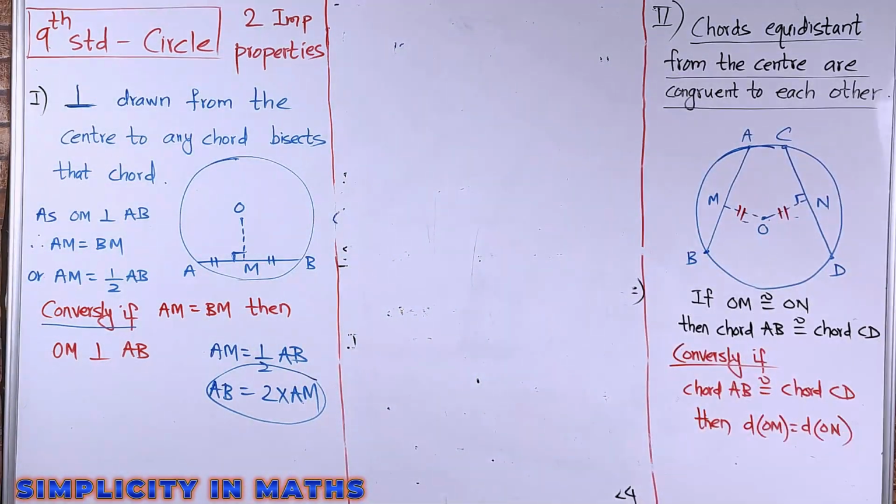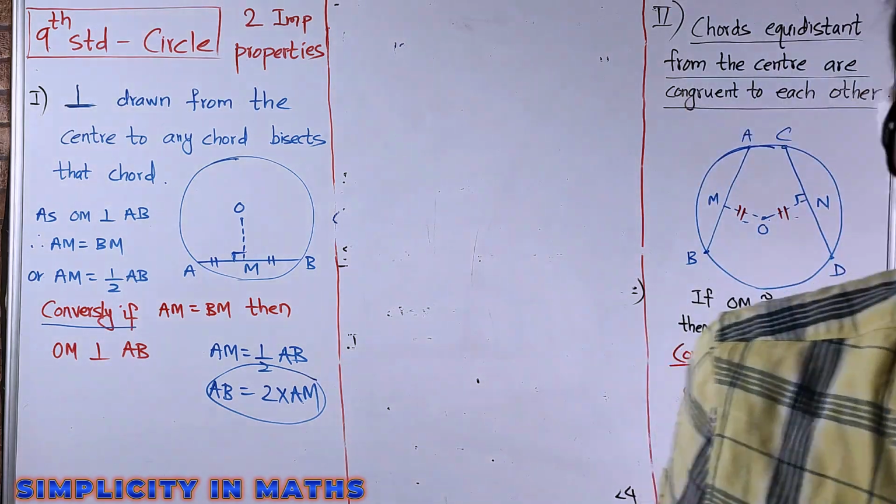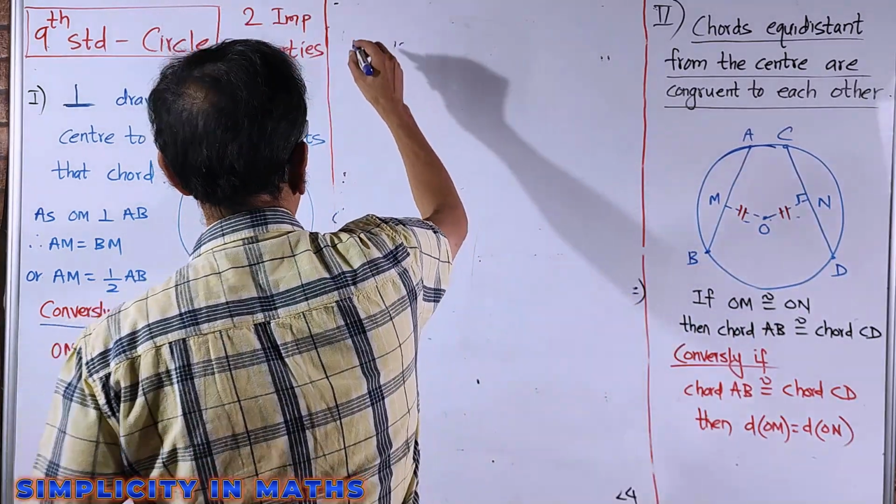Let us draw the diagram for this. This is problem 5, the next sum from the problem set.